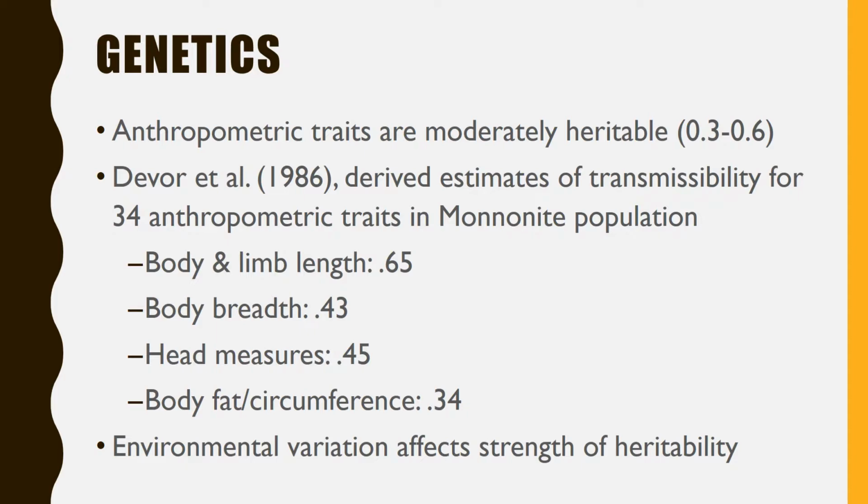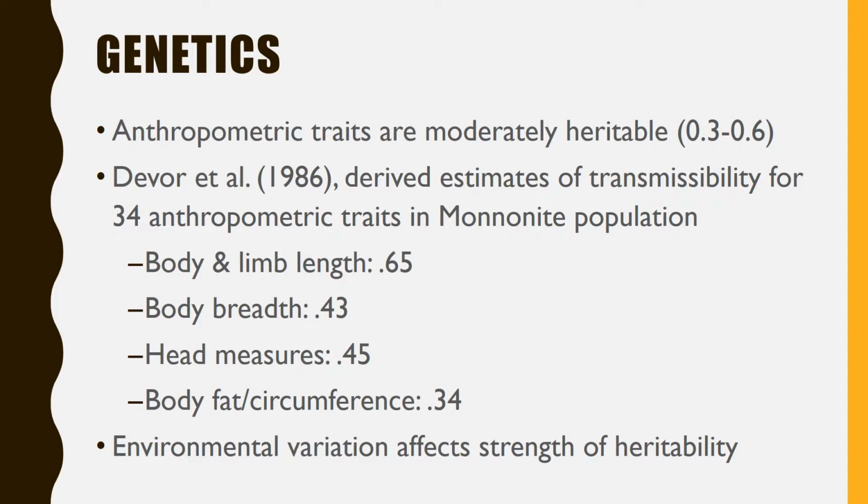One example study is Dever and colleagues, who derived estimates of transmittability for 34 different anthropometric traits in a Mennonite population.